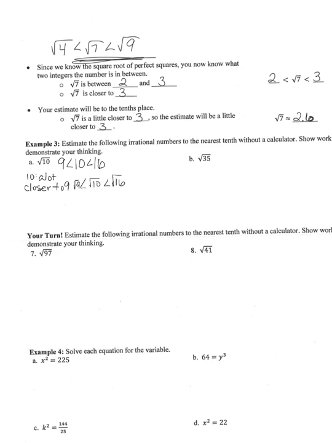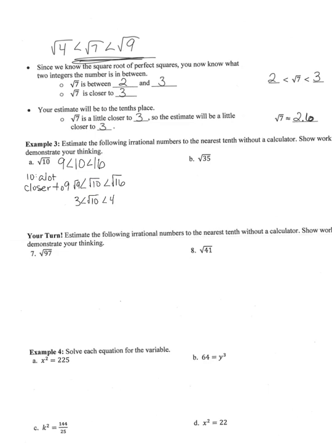So now we're going to take the square root of those. Square root of 9, as we said before, is 3. And the square root of 16 is 4. So ultimately, right now, we know that the square root of 10 is between 3 and 4.